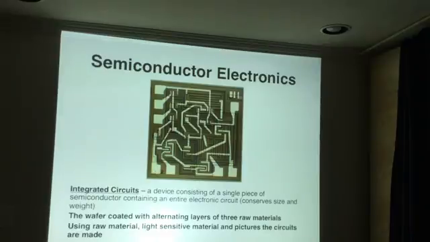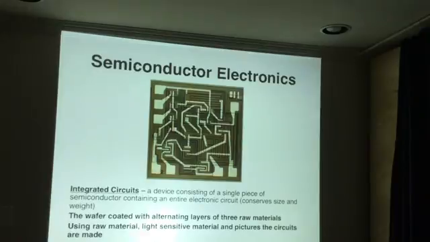Now, integrated circuits are made by taking semiconductor raw materials, and actually what they do is they produce a fairly long rod, or bar, of this stuff. It's round, it can be square. And then they cut this in very thin wafers. Using the raw materials, they also put light sensitive materials in this. And what they do is they shine pictures of the circuits that they want.